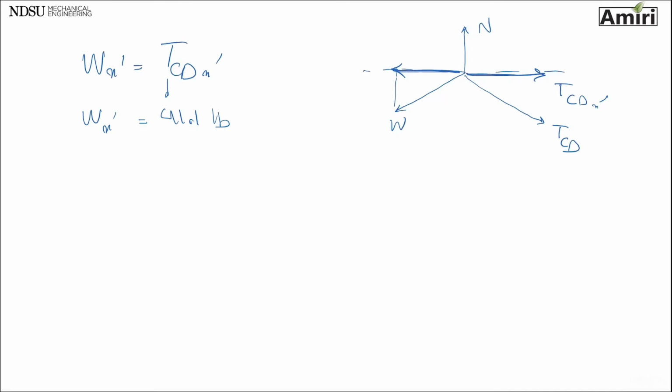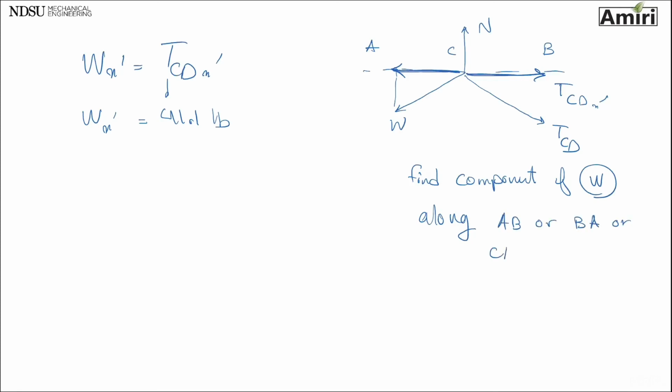So how do we do that? How do we find the component of W along AB or CA? This is C, this is A, this is C, this is B. The exact same way that we found the component of TCD on that line. So it's like the problem asks us to find the component of W along AB or AC or CA, doesn't matter, AB or BA or CA.